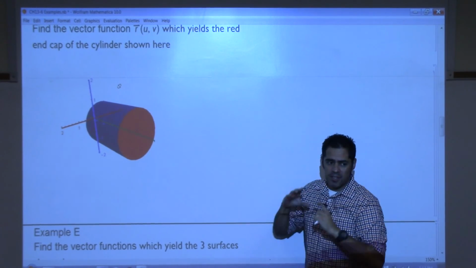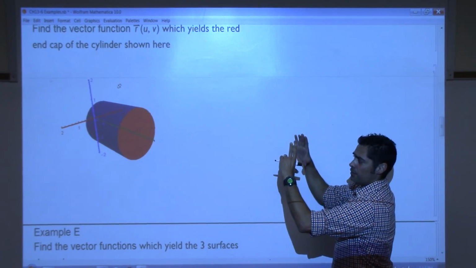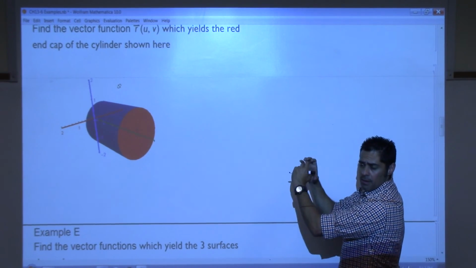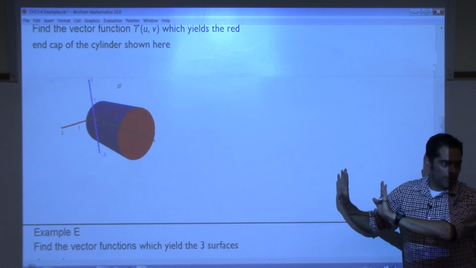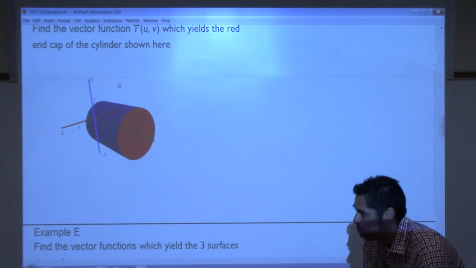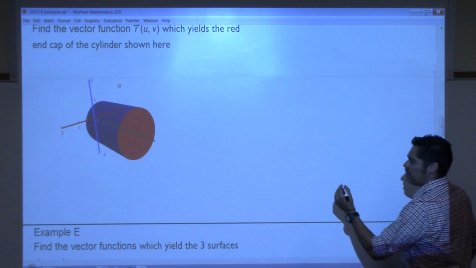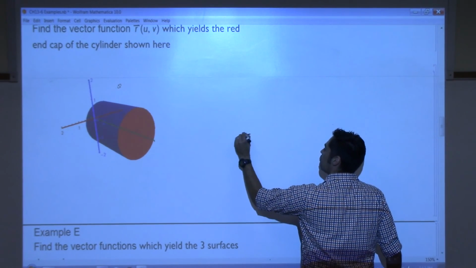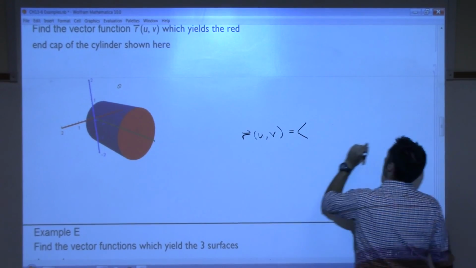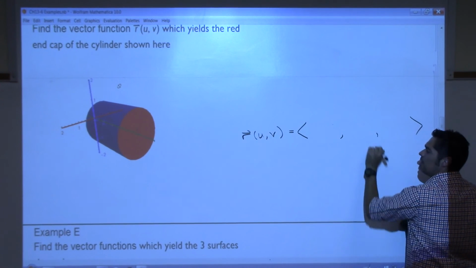Here, we don't want the same circle. We want a bunch of circles from radius 1 all the way down to a point, and we don't want to move it back and forth, which is good because we needed a variable to move it back and forth, didn't we? So I think it should look very similar to what we just had in terms of the fact that we can use cosine and sine.